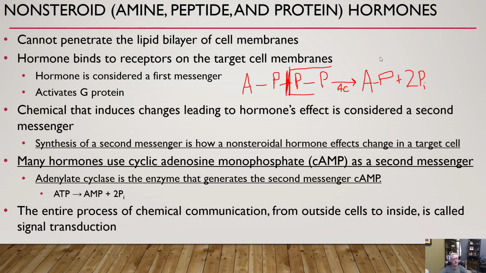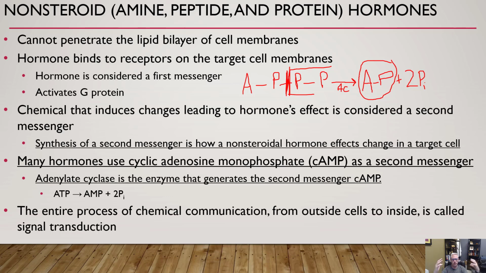So now we've created this cyclic AMP, and cyclic just means in a circle. Cyclic AMP is what we call a second messenger. And this entire process is called signal transduction: how the hormone binds to the receptors on the cell membrane, activates the G protein, which comes in and creates this cyclic AMP.